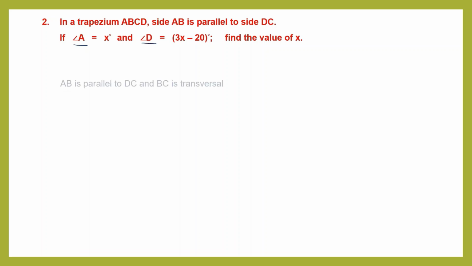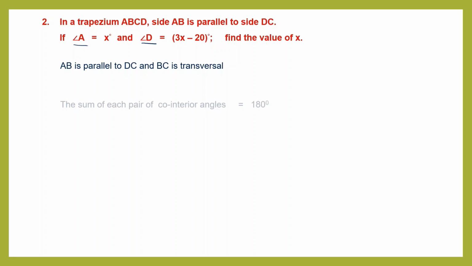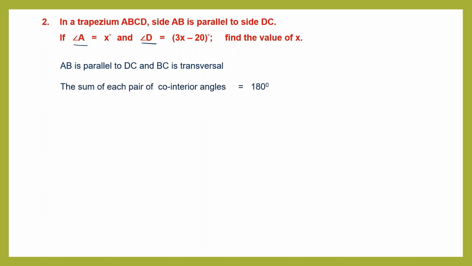Okay, so first thing is AB is parallel to DC and we know that BC is transversal. Then there is a pair of co-interior angles here and the sum of each pair of co-interior angles is 180 degrees. That means angle A plus angle D is equal to 180 degrees because they are co-interior angles.